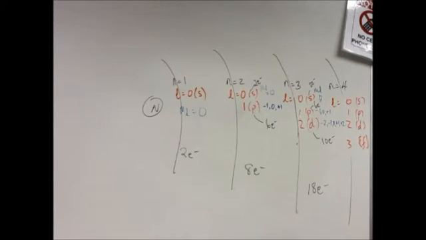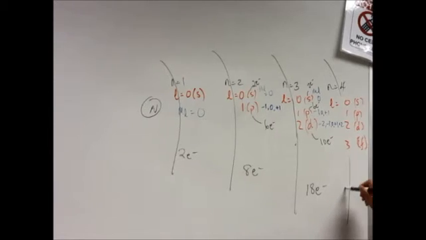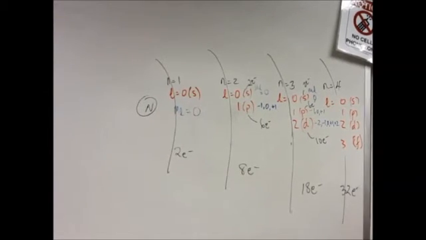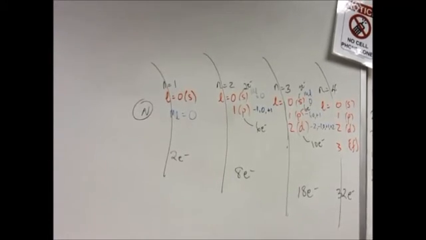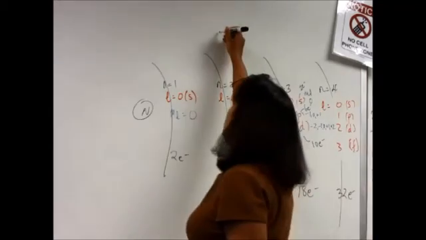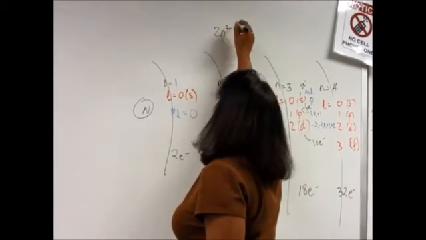The 4th shell has many more orbitals, or subshells, and it can go up to 32 electrons. The formula for finding out how many electrons shell number 7 can hold is 2n squared.